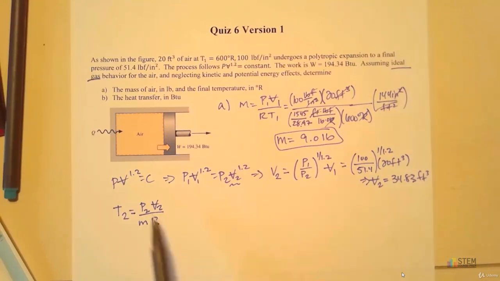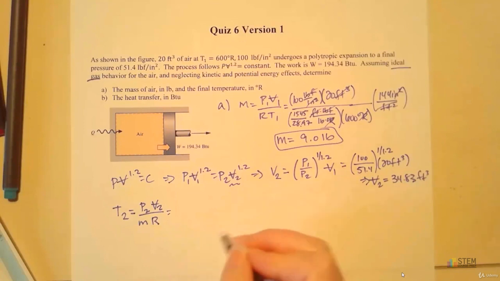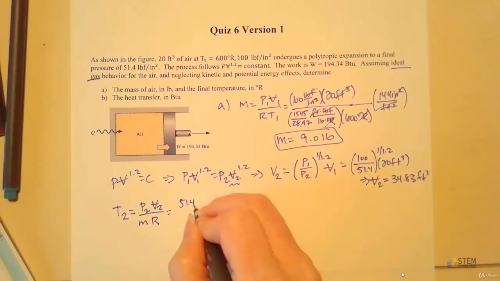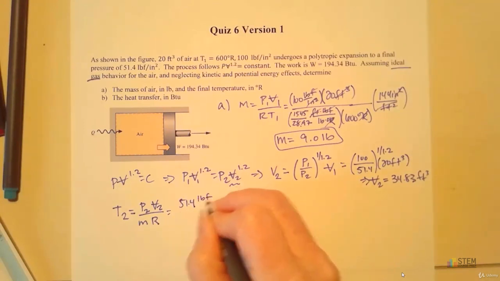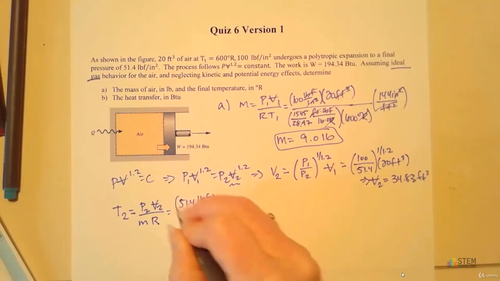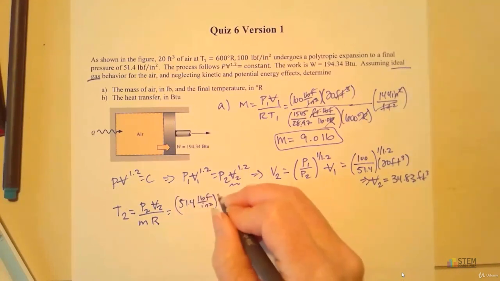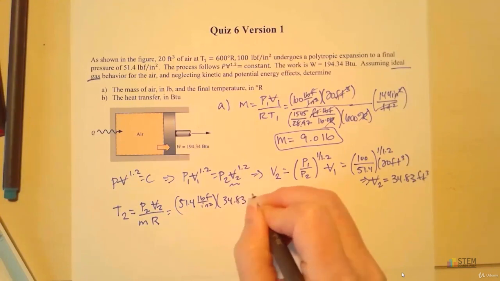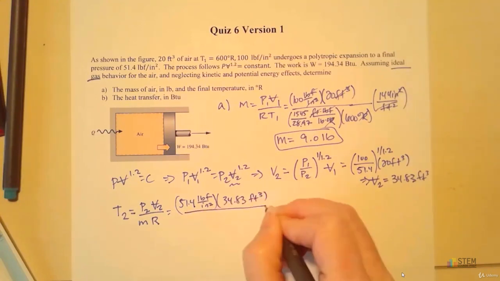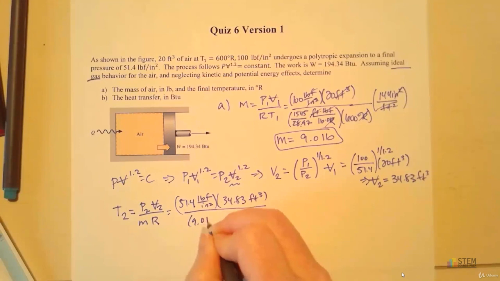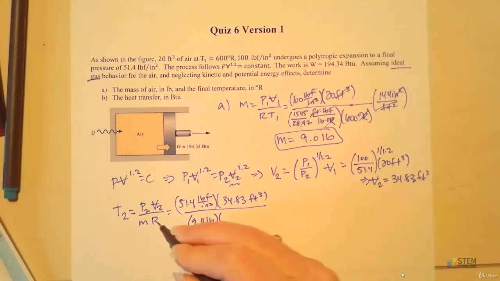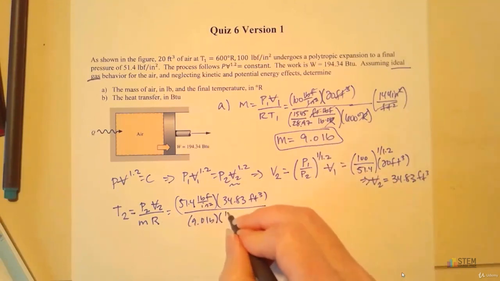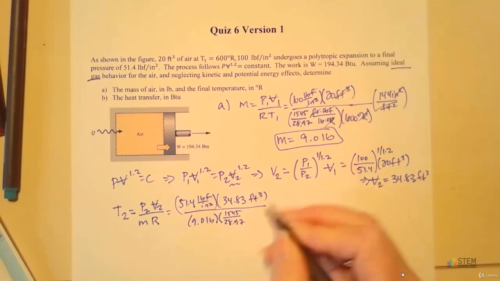So essentially we just restructured this equation from what we had up here. Now we have everything we need, so you can go ahead and just plug in your values. And then you'll have to check out your units again, make sure you have them all right. Pressure is going to be 51.4, volume is 34.83, and then you put it over the mass, which is 9 pounds, and then R is going to be what we had up here, so the 1545 over the 28.97.